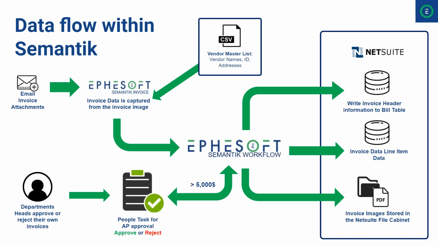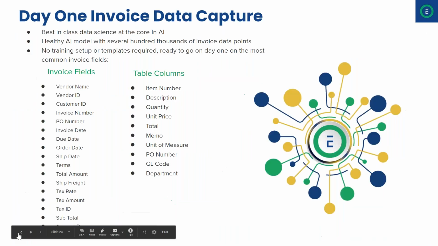Okay. Yeah, a quick note on that, Trudy. We've got a full-blown data science team at Ephesoft, and when we built this, we went for what I call an 80-20 problem. Anybody can do 80% of the invoices that are out there. They're easy. Most AI models can handle them.